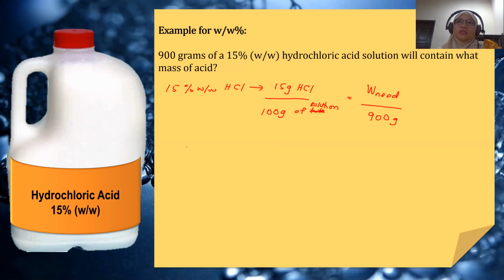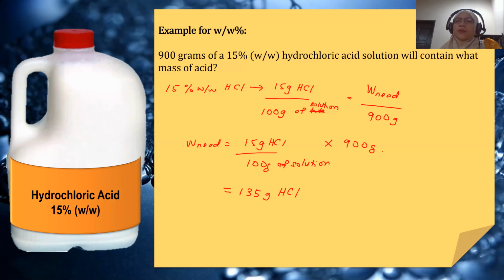Then we rearrange the equation to find the weight needed, and then you will get 135 gram of HCl.